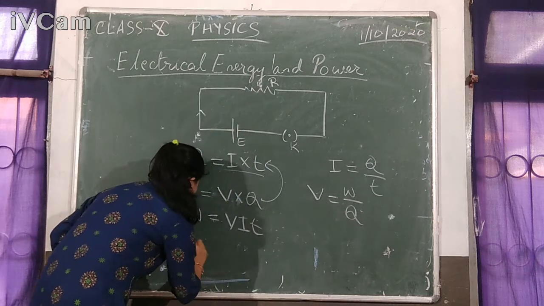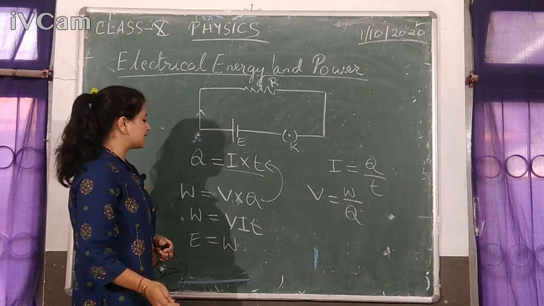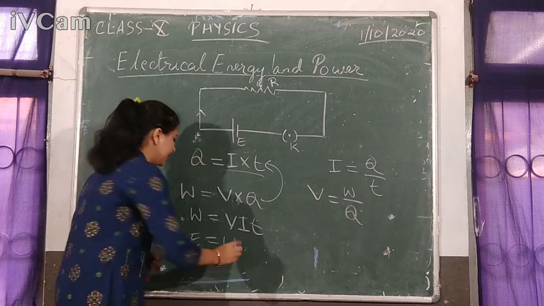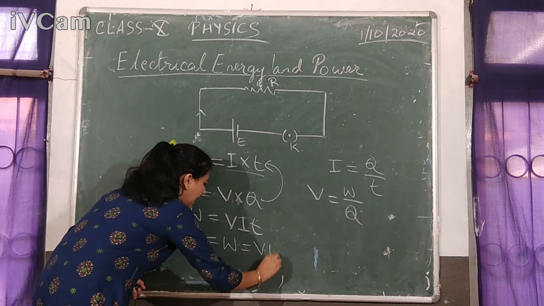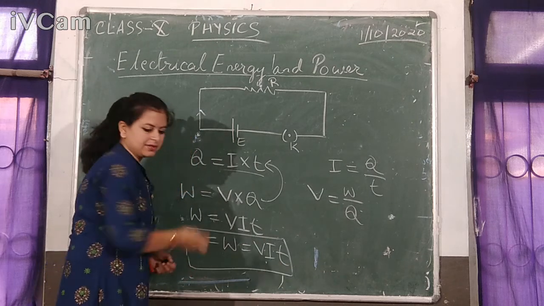So electrical energy is nothing but the work done when a charge of Q passes for a time interval of T, that is equal to VIT. So VIT becomes your formula for electrical energy, okay?